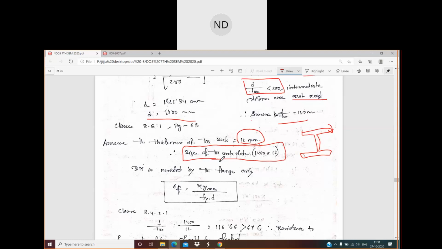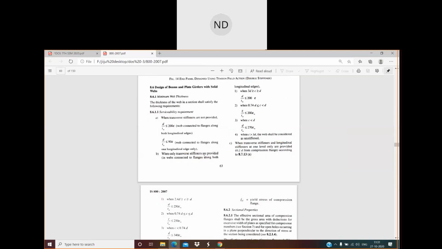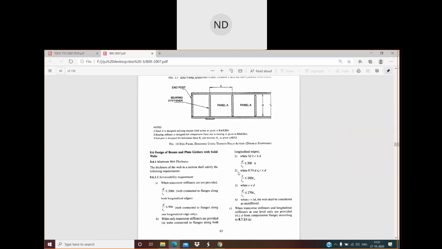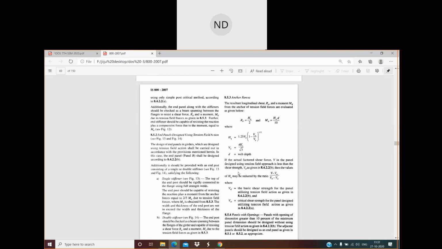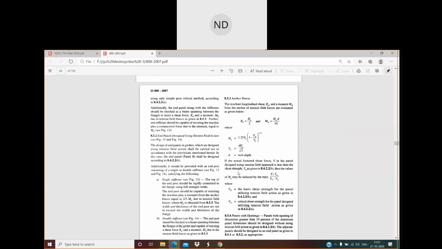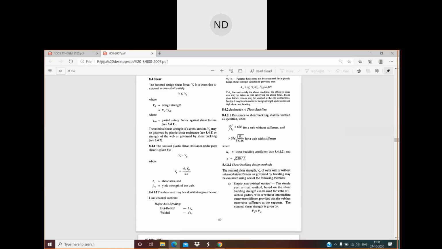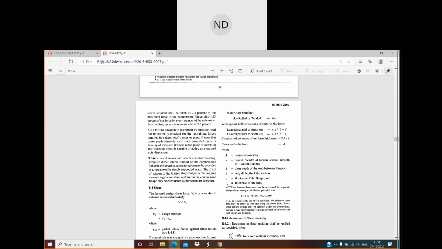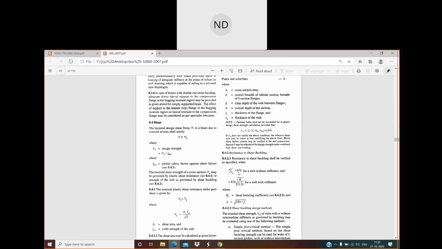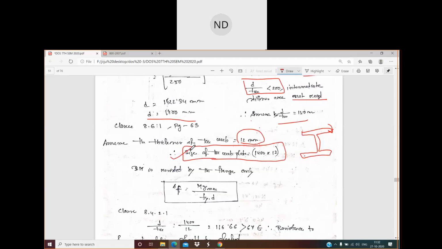Now see, one more thing, if I go to clause number 8.4.2, this one, we have considered our size of the web to be 1400 into 12.